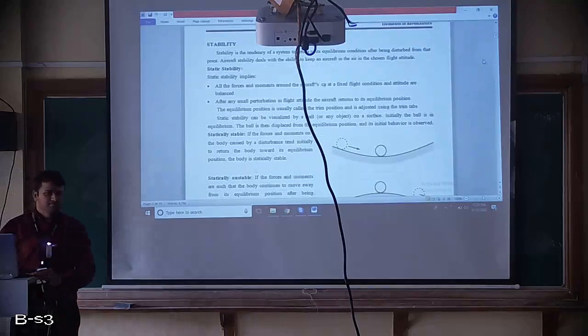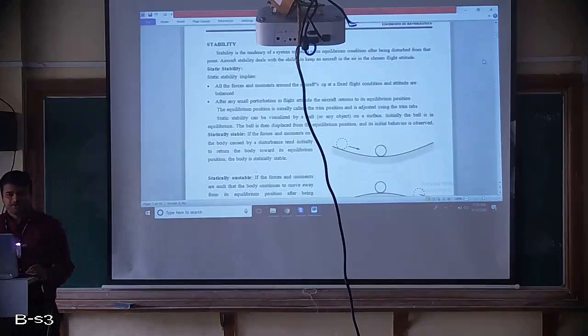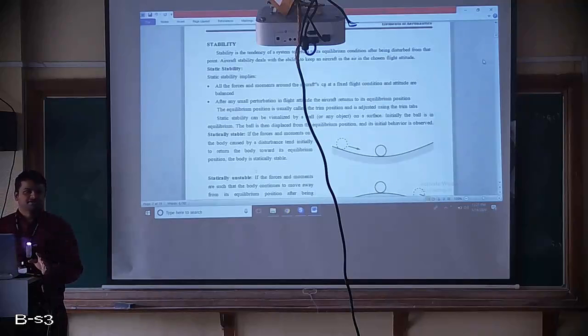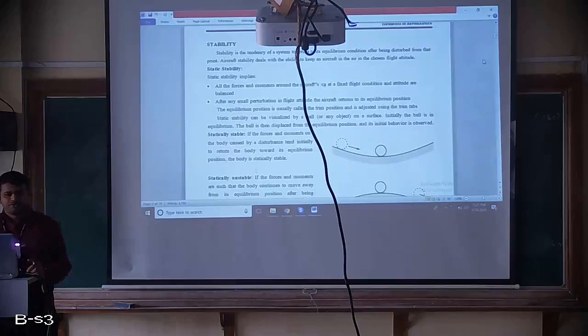So, as I said before, the aircraft which is moving may get unstable in air. At that time, bringing it back to the stability condition is the major key here. So now we are talking about instability and stability. Basically, what is that? Stability means the tendency of a system to return to its equilibrium condition after being disturbed from that point.